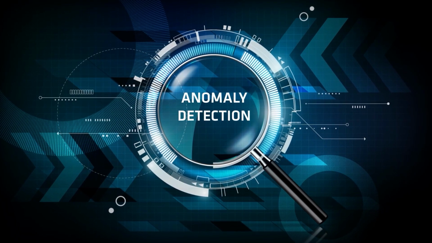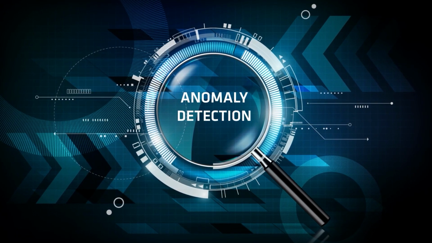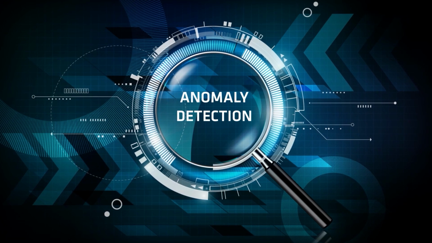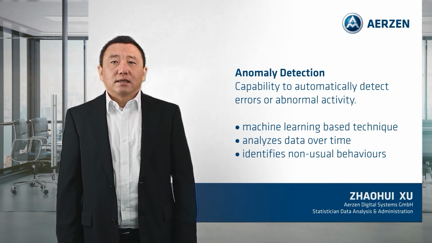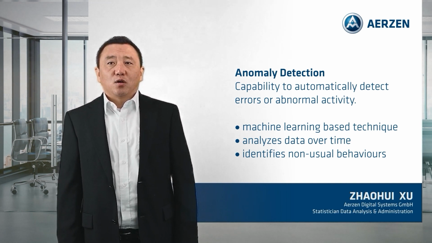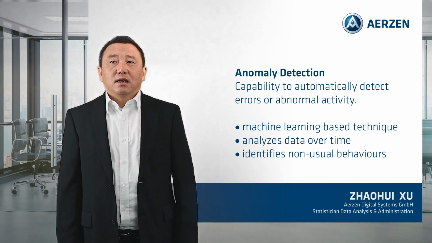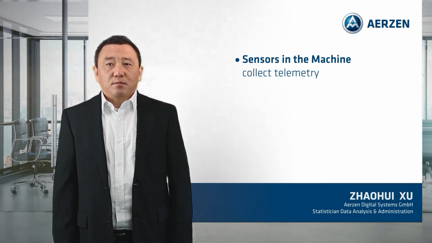Anomaly detection is the capability to automatically detect errors or abnormal activity in a system and is a machine learning-based technique that analyzes data over time and identifies unusual changes and behaviors. To achieve this, we need sensors in the machine to collect telemetry such as rotation speed, temperature, and so on.